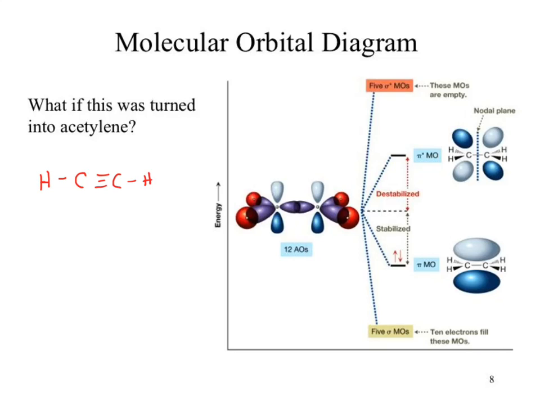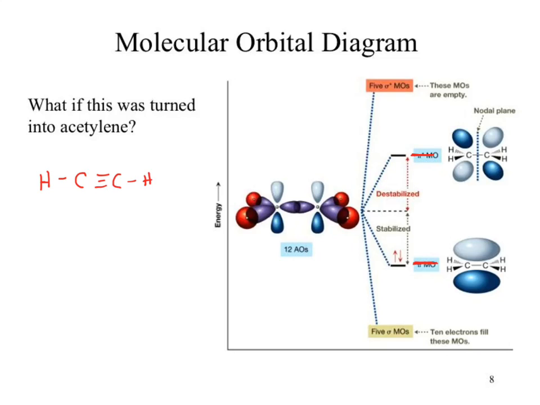Actually, let's do that. If we switch to acetylene, how would our picture change? I have two more p orbitals. I have another pi bond. So I would have 2 pi bonds and 2 anti-pi bonds.